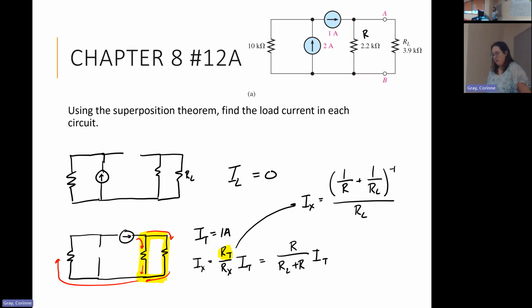So before we talk about answers, do we need to convert our kilo ohms to ohms? Why or why not? Yeah, in this case, it doesn't matter. We don't have to. The reason for that is that we have resistance divided by resistance. So if we do the conversion, our conversion is going to end up canceling out.